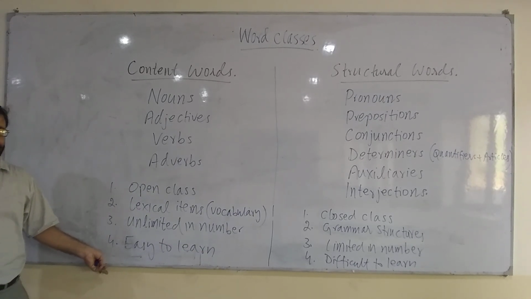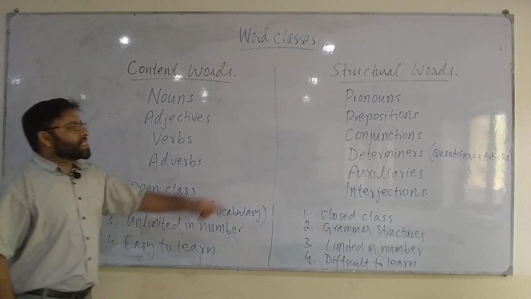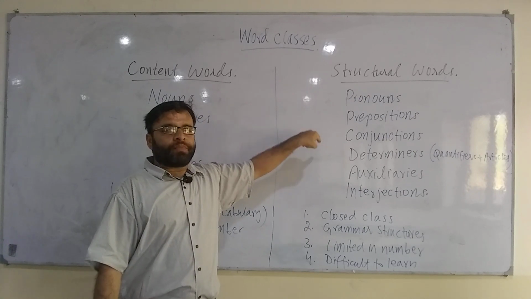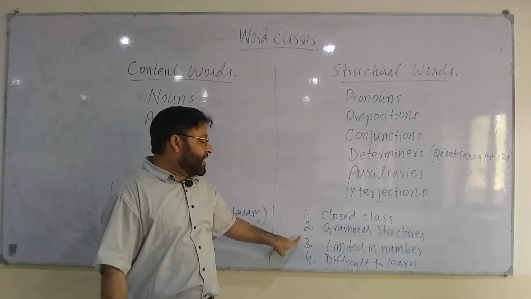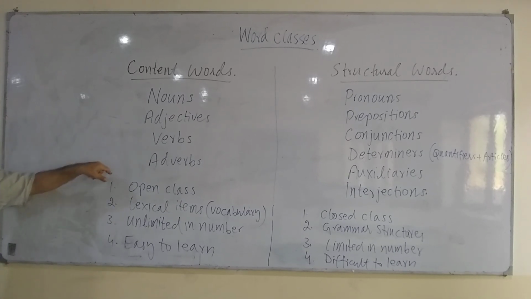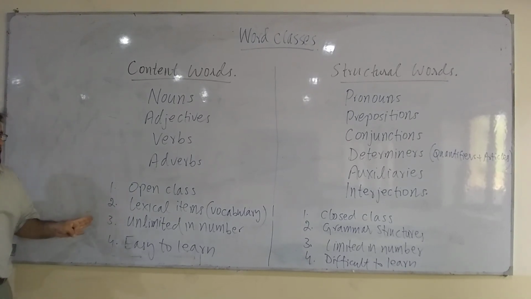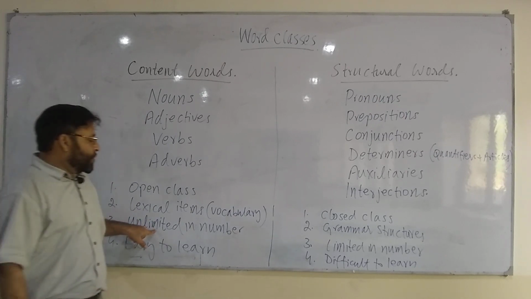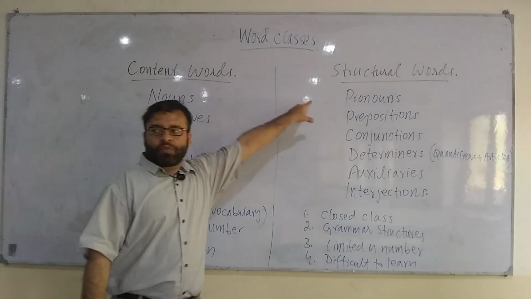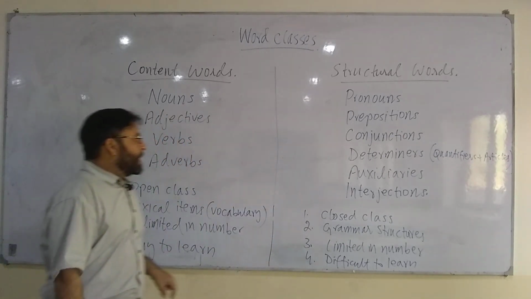Whereas you can count how many pronouns, how many prepositions, how many conjunctions there are. But you do not know how many nouns, verbs, adjectives, adverbs there are. So content words are unlimited, structural words are limited.